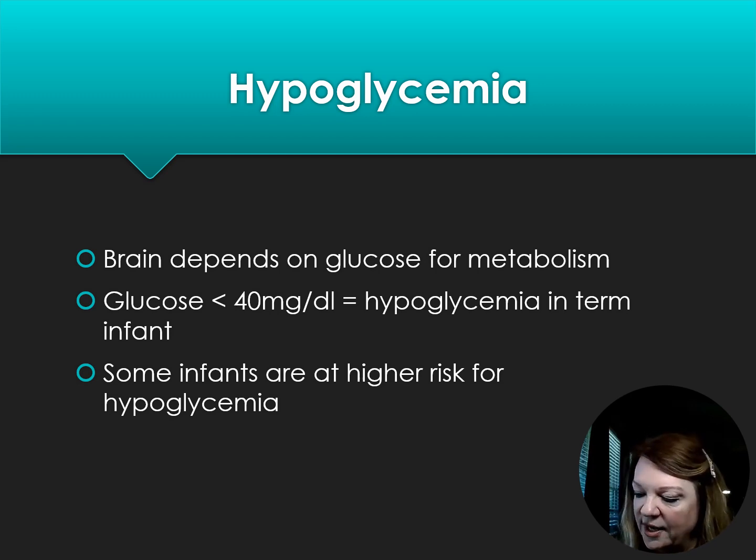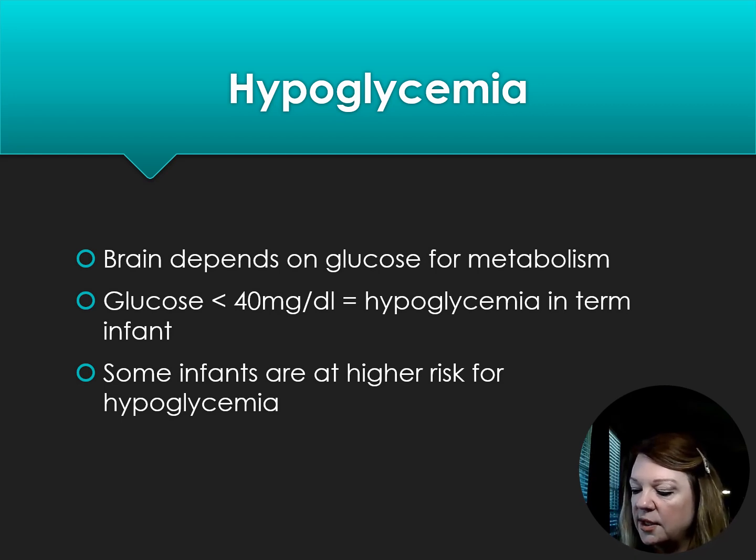Small for gestational age babies or intrauterine growth retarded. What that means is the baby's full term, 40 weeks, but the baby's only like maybe 4 pounds. So it's full term, but it just didn't grow big enough. So those babies are also at risk for hypoglycemia. Babies that are asphyxiated, meaning they haven't had enough oxygen, are more at risk for what we call cold stress, which leads to hypoglycemia.